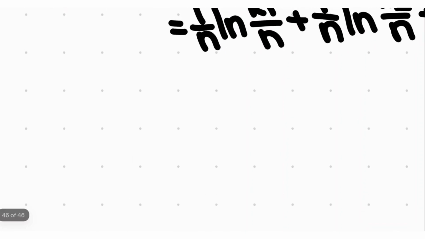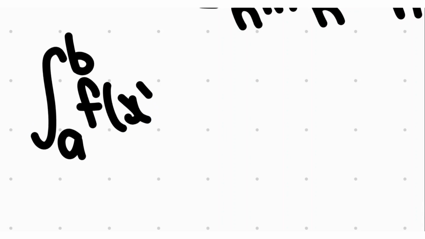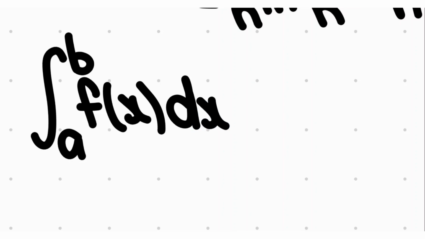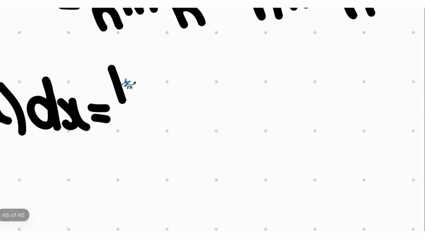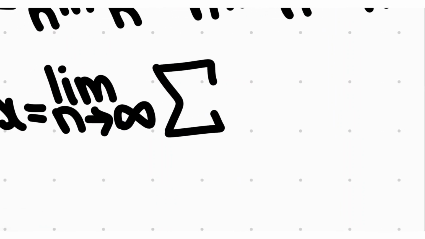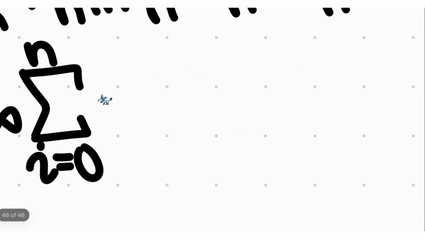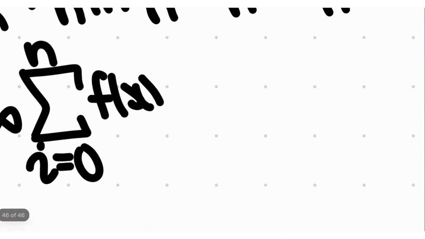So first, what I want you to notice is that the definite integral from a to b of a certain function f of x is equal to its Riemann sum, which is just the limit as n approaches infinity of the sum from i equals 0 to n of some f of x times some change in x.